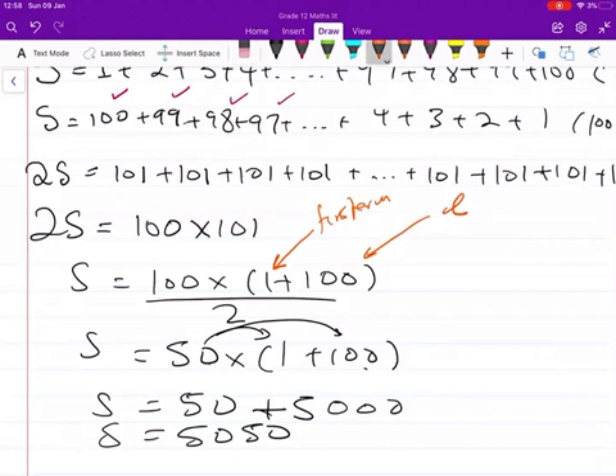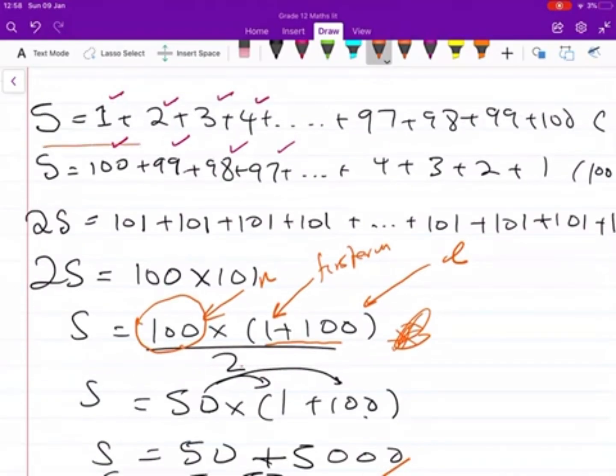This is our first term, this is our last term, and this is actually our number of terms. So this is a formula that we are going to be using. If I know the number of terms and I add the first and the last term multiplied by the number of terms, divide them by 2, I can get the sum of this entire series, or any series for that matter, if I know the first and the last term.